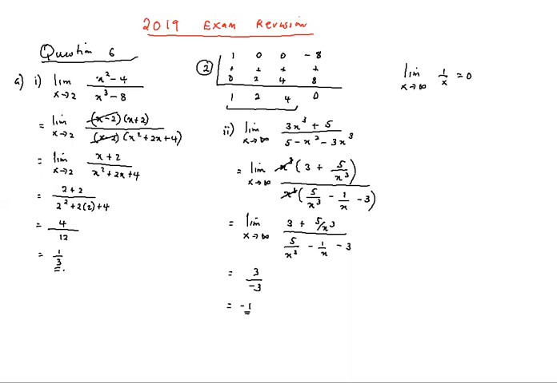What if our answer was positive and it's going to negative infinity? It will still be positive. You don't change anything. The difference is when it is approaching negative infinity and you have x, the answer here will be negative infinity.